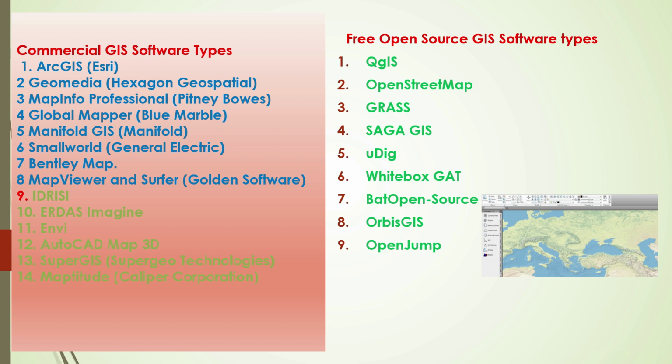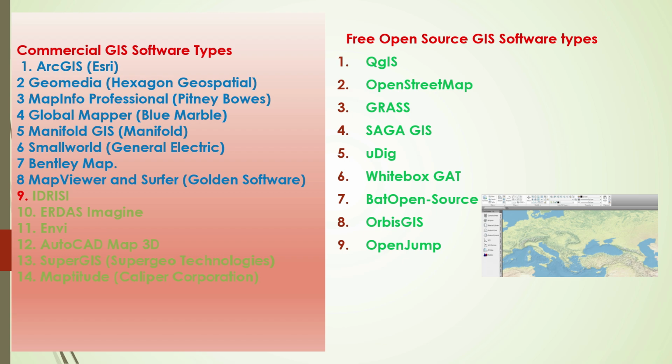The leading software is the Esri product. Esri started with ArcView, ArcInfo, then ArcGIS 8 and ArcGIS 9, ArcGIS 10, and a series of ArcGIS. Environmental Scientific Research Institute is the leading software vendor.